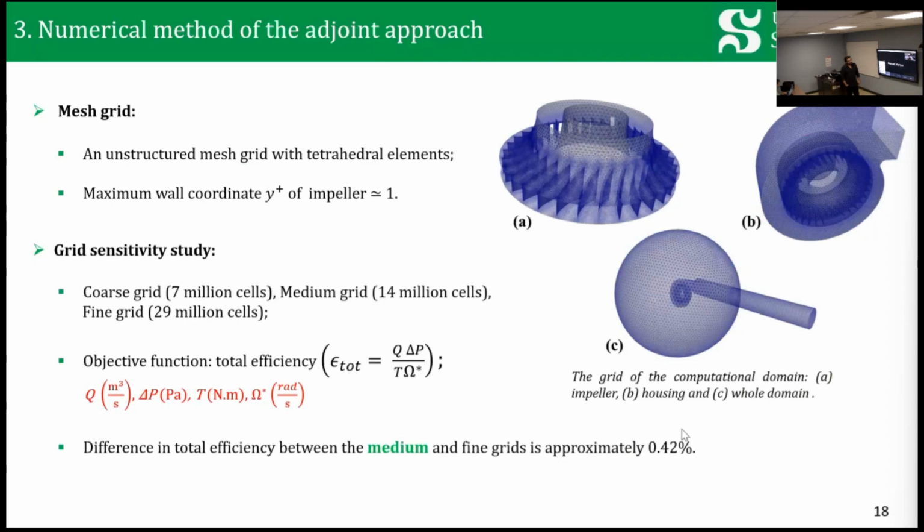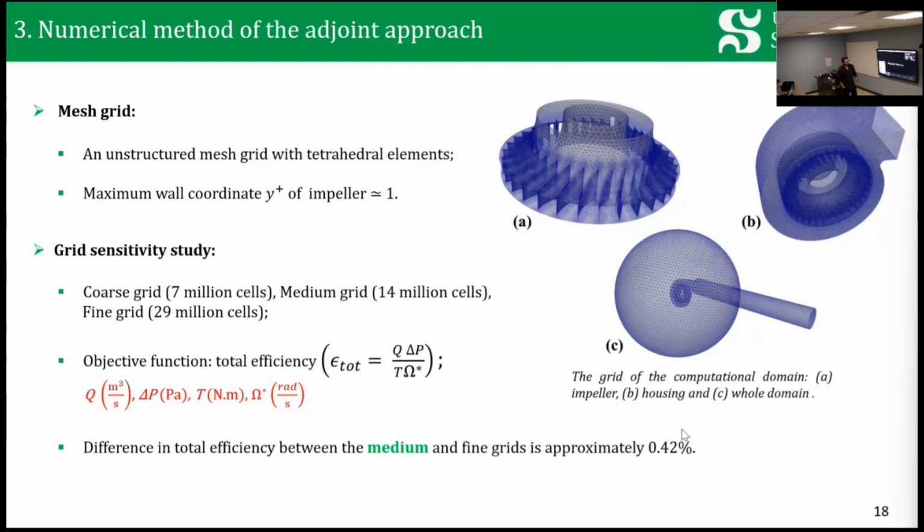An unstructured mesh grid with tetrahedral elements is generated. The maximum Y plus around the impeller is 1. In order to find an efficient mesh grid, 3 different mesh grids are created, and they are compared to each other in terms of total efficiency, which is defined as flow rate times pressure rise over torque multiplied by rotational speed.